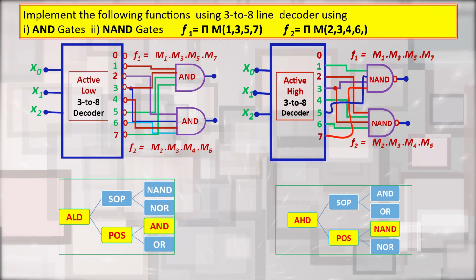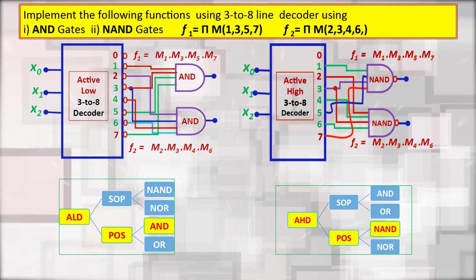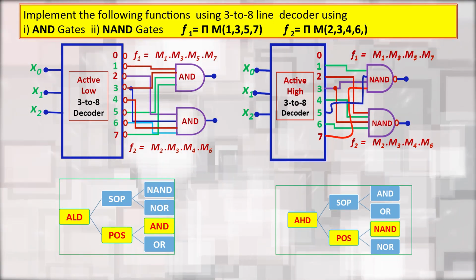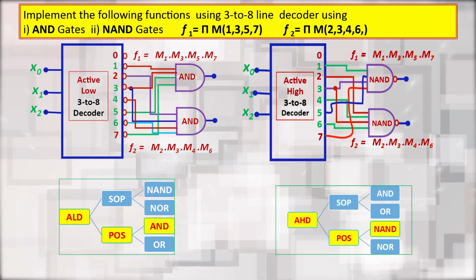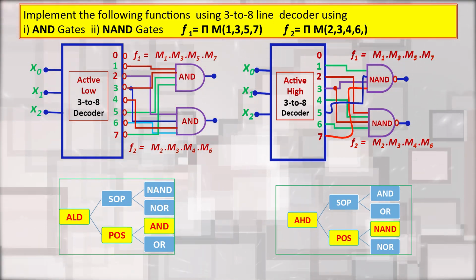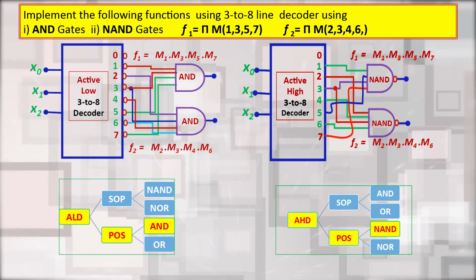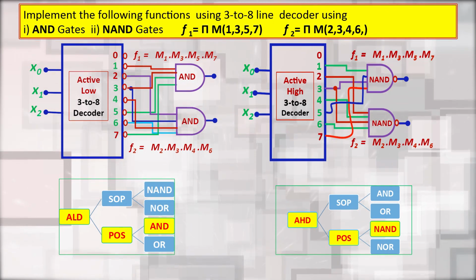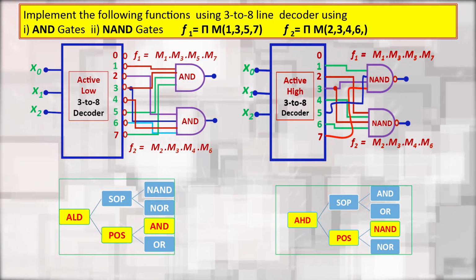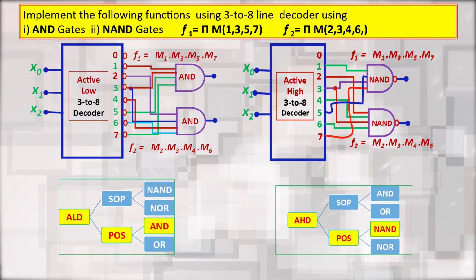Now, here it says implement the following function using active low 3 to 8 line decoder for minimum number of inputs in the external gate. The given POS equation needs to be converted to an SOP equation. So, this SOP equation will be f of summation m of 1, 4, 6.